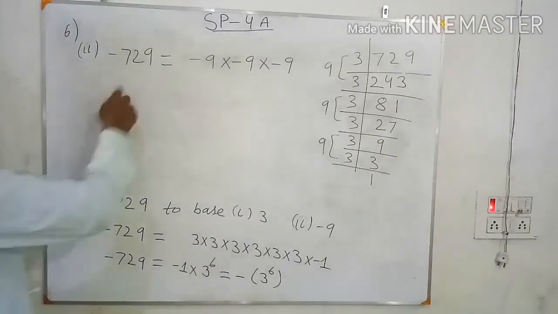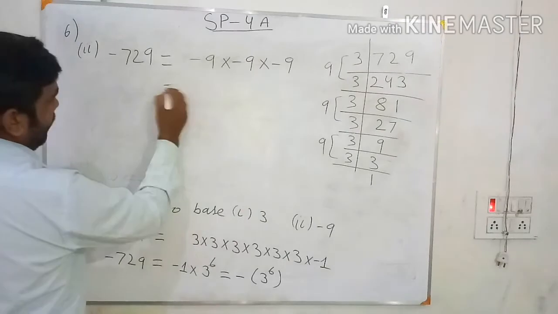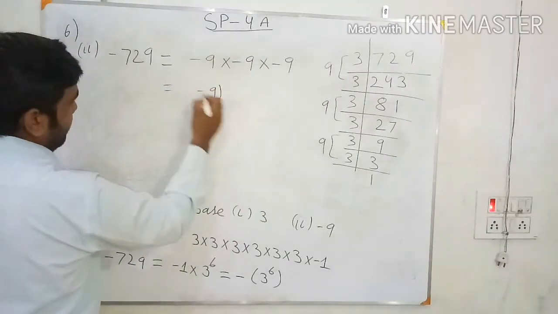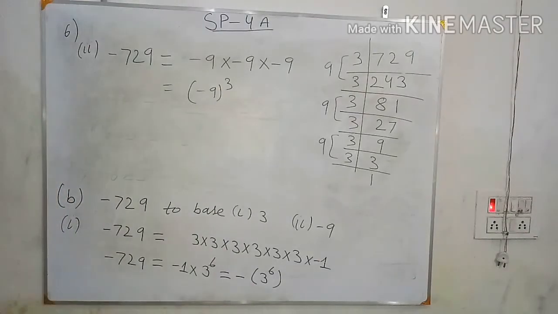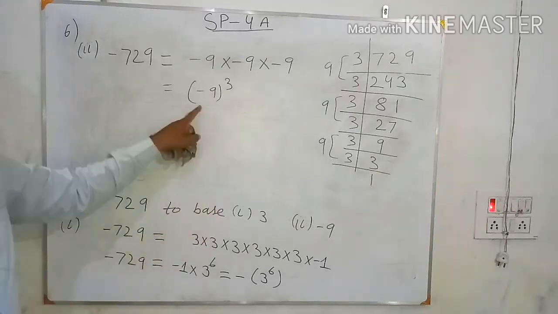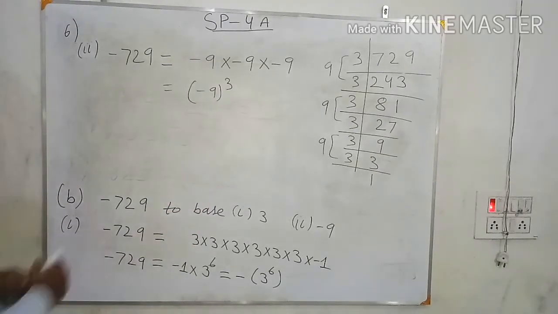So negative base power odd value will be negative. Now I can write minus 9 to the power 3. So this can be written in this form. Now you can see the base is minus 9 and the power is 3.